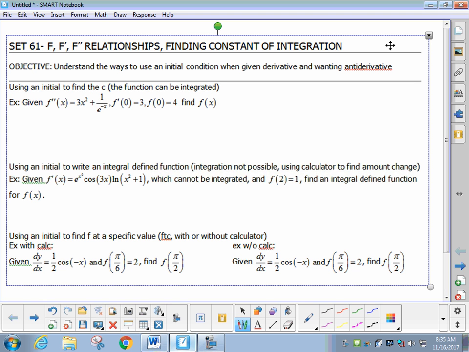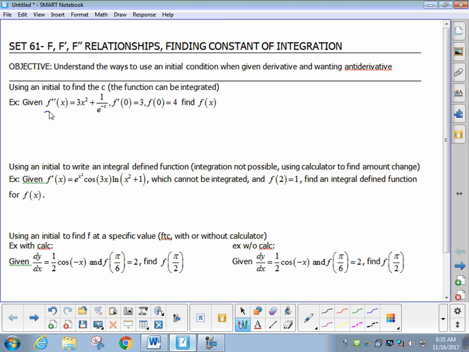Because of that, you'll probably get two constants of integration. I was taught that you number them to communicate that there's a difference between the two. So here's what I mean. I could first anti-differentiate f double prime with respect to x. And when I do so, what would I be finding? f prime. Antiderivative once would undo one of the derivatives, getting me to f prime.